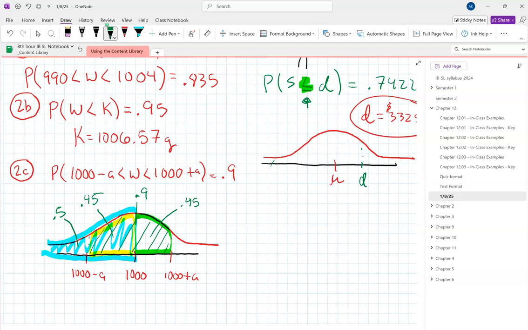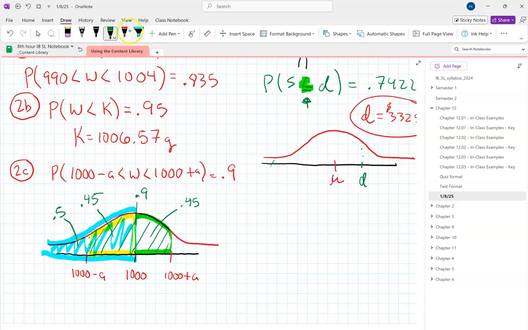How'd you know that, Olivia? Yeah, it's just half, right? Half the distribution is 50%. Everybody agree? Because we're starting from the mean, going all the way in one direction, just half.